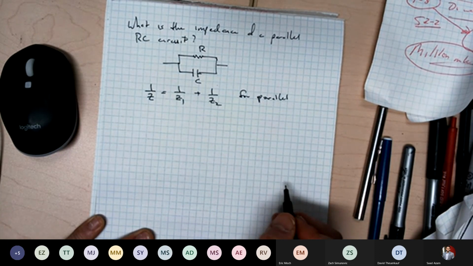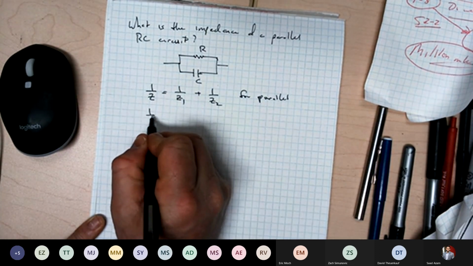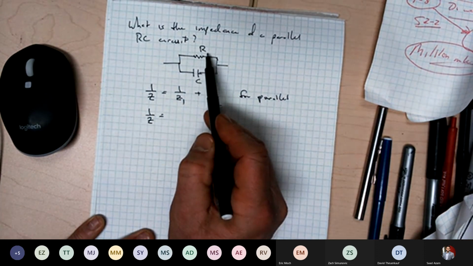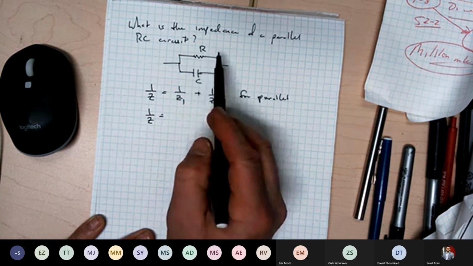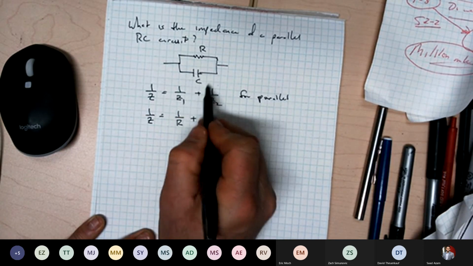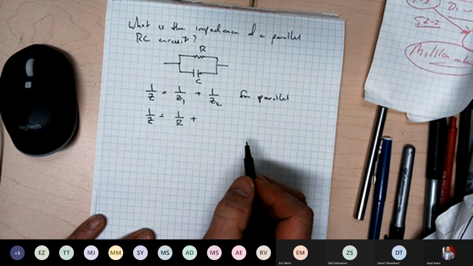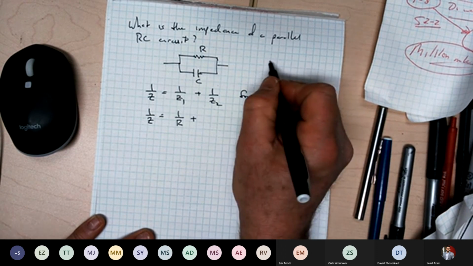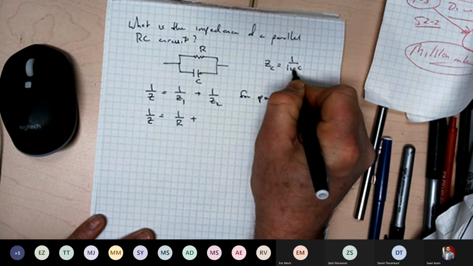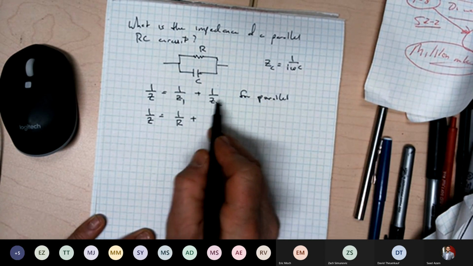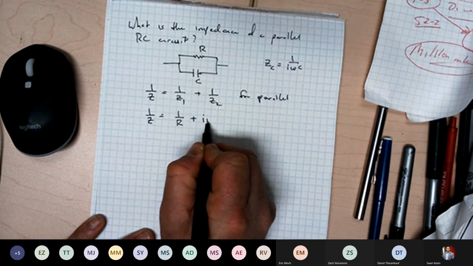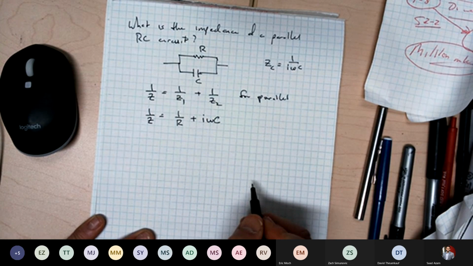So that means 1 over Z: we have R, and the impedance of a resistor is R, so it's 1 over R. And then we have a capacitor, and the impedance of a capacitor is 1 over i omega C, right? So Z2 is 1 over i omega C, and we need 1 over that, so it's i omega C. All right.